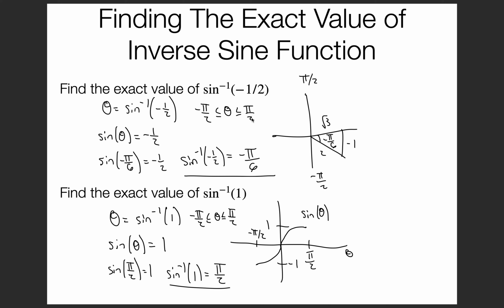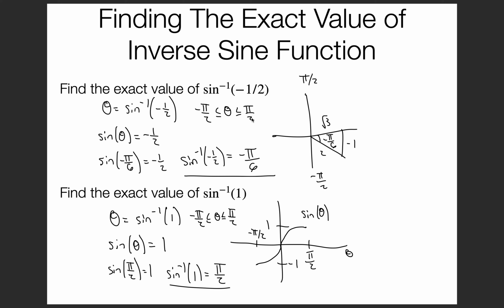The next step is I take the sine of both sides. When I take the sine of both sides, the sine and sine inverse cancel out, and I'm left with sine of theta equals -1/2. That's also an operation that we're going to be doing a lot, so you have to get used to that, or hopefully it's not totally foreign to you.